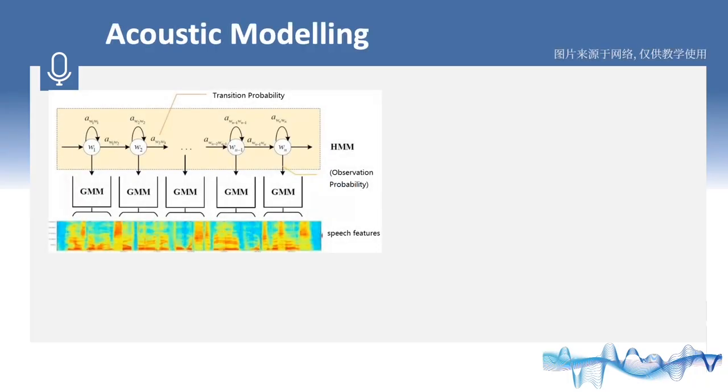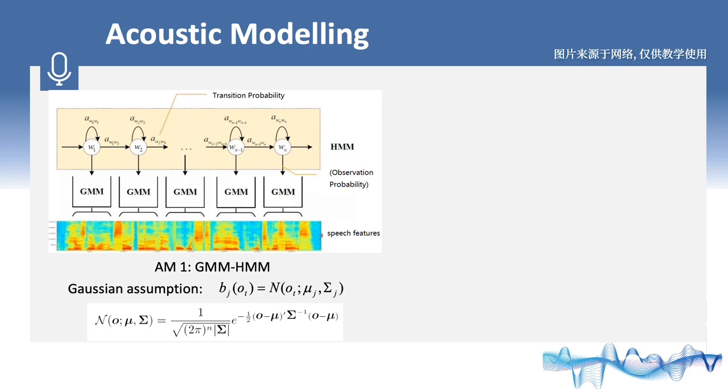Traditional speech recognition systems usually use Mel frequency cepstral coefficients, MFCC, or perceptual linear prediction, PLP, as features, and use Gaussian mixture model, hidden Markov model, GMM-HMM, as an acoustic model.